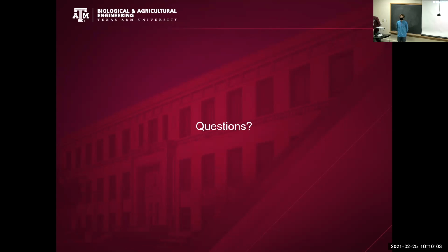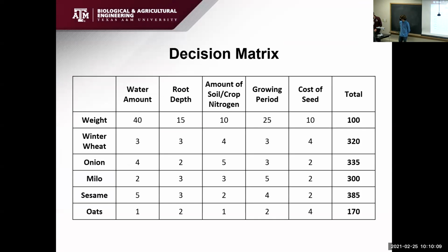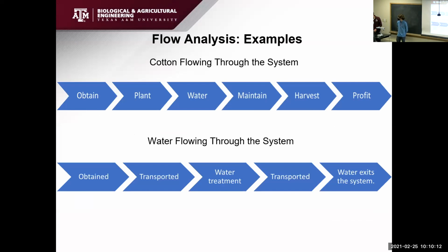All right, so let me throw some darts here. Ramon, on your flow analysis, remember one of the things I've talked about pretty heavily is that on your flow analysis, we need to focus on quantity. So water. How much water is available in the system currently?